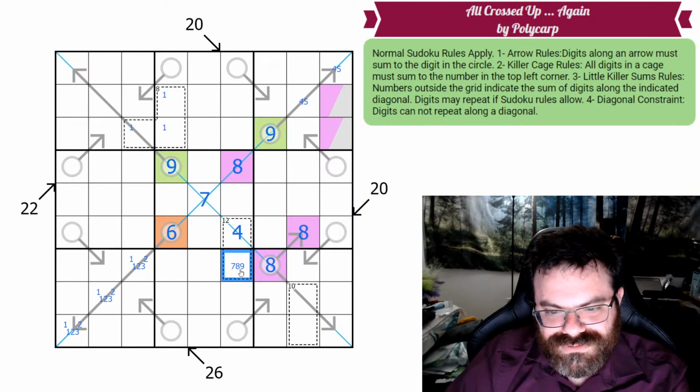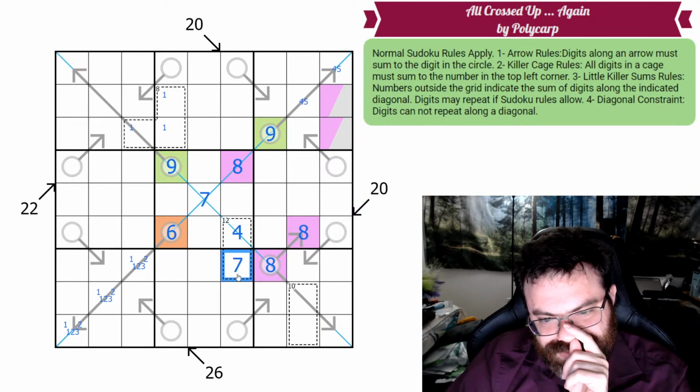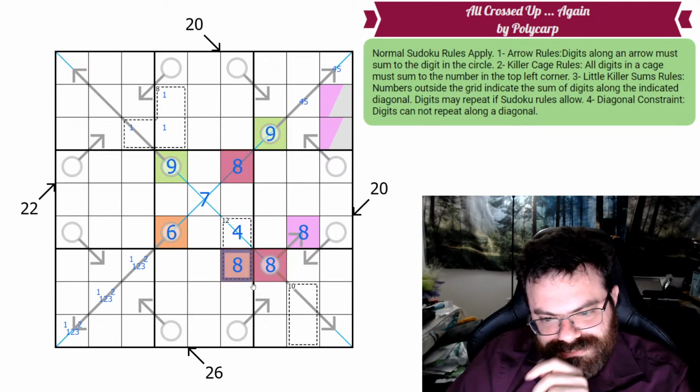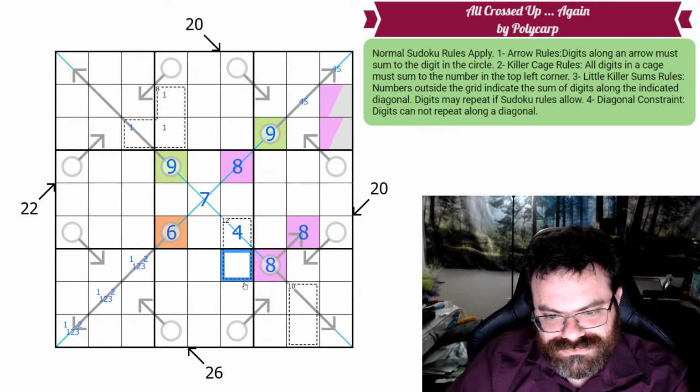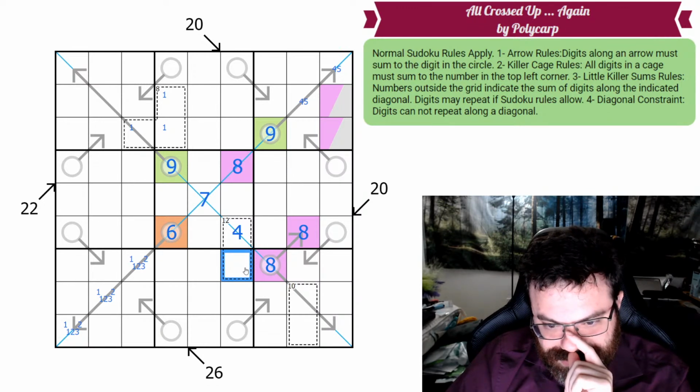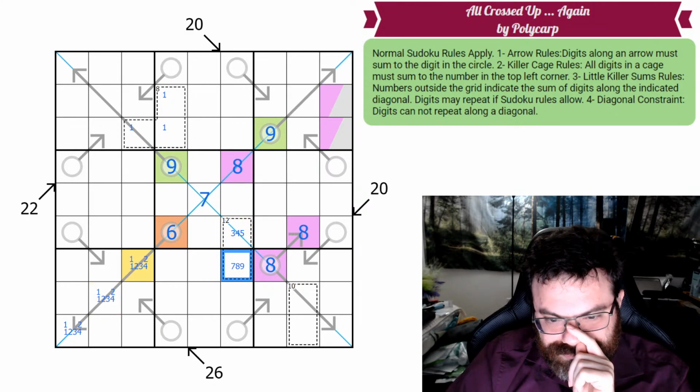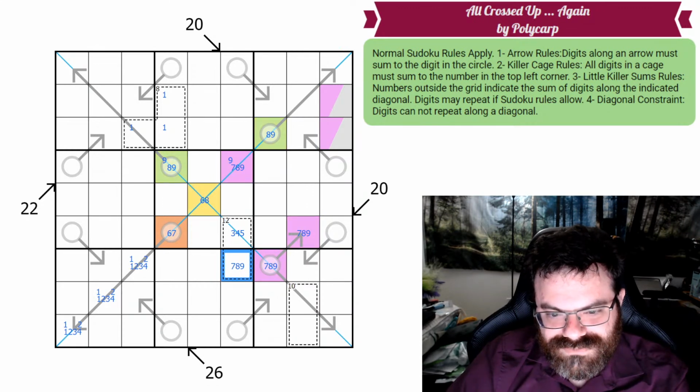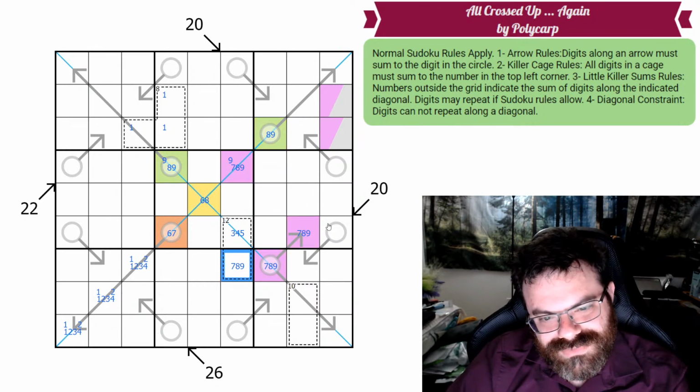So this would be 4 and 7. Or 8. That doesn't work. This 12K just breaks it. That's not a 7. I'm guessing 8 does the same thing. Well, it doesn't quite do the same thing.